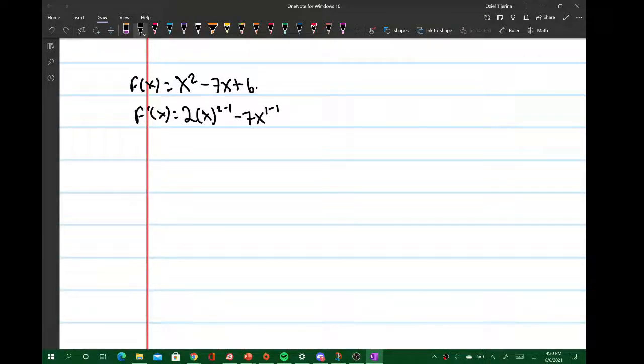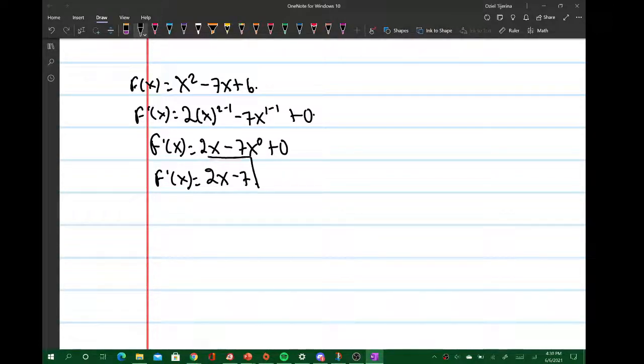And then you have plus 0. So then you have f prime of x equals 2x to the first power minus 7x to the 0 plus 0. So this is going to be f prime of x equals 2x minus 7. Okay. That's how you do it.